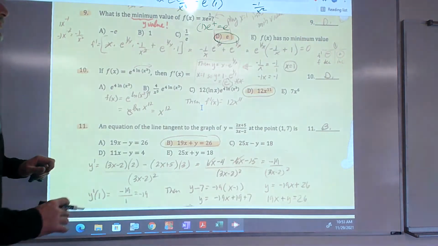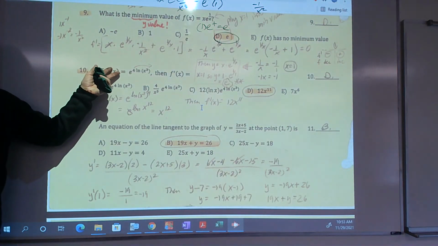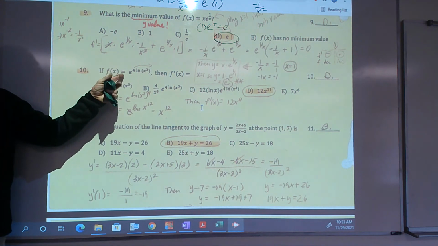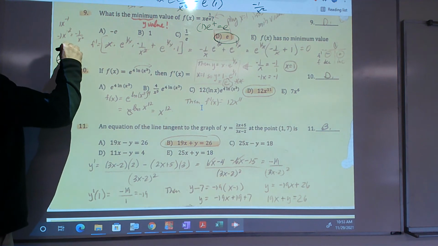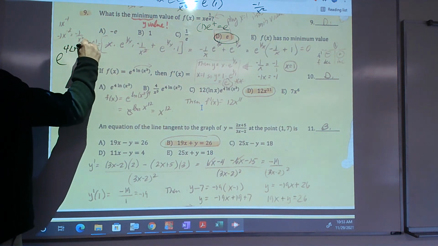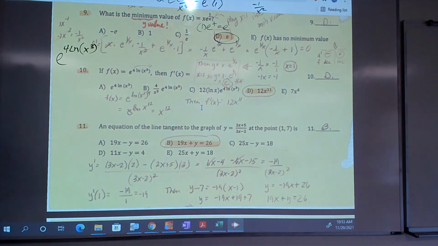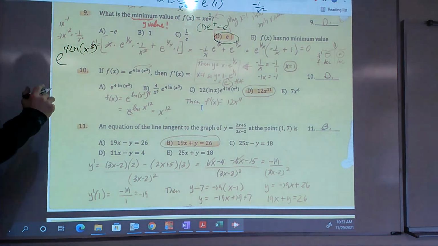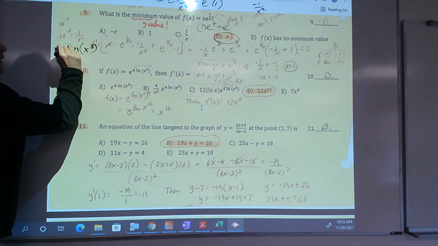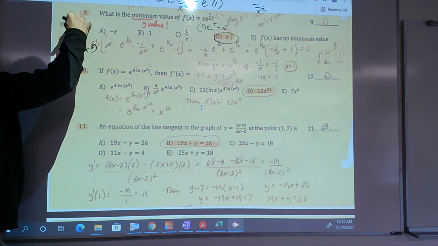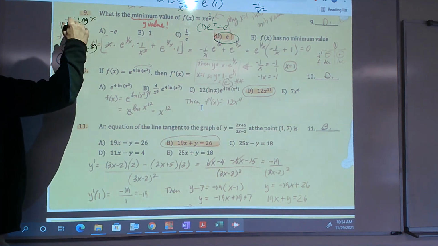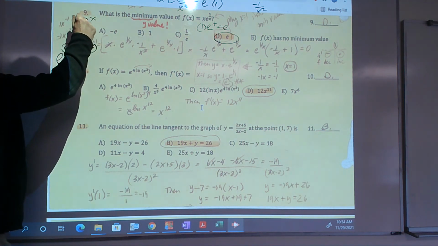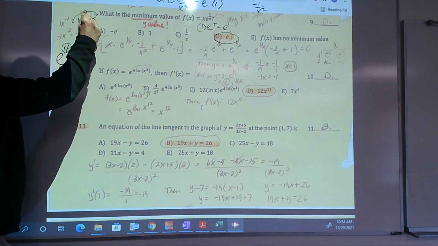You ready? The calc on this is super easy. It's algebra. So e to the 4 ln of x cubed. Now, here's the algebra that maybe you forgot. Do you guys know where this actually belongs? Yeah, on ln and log, same thing. What is the number in front? That's the exponent.